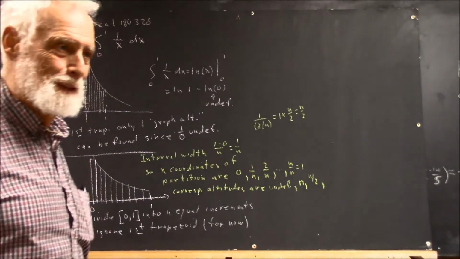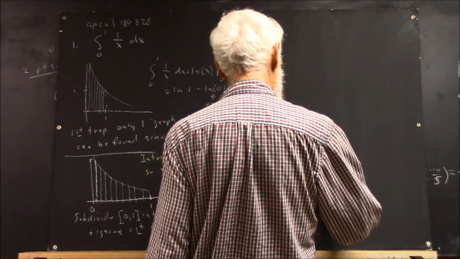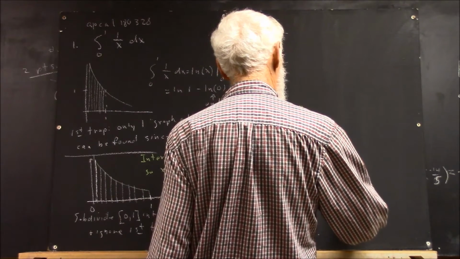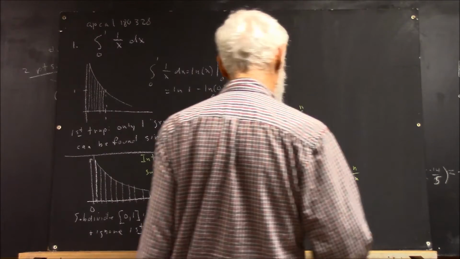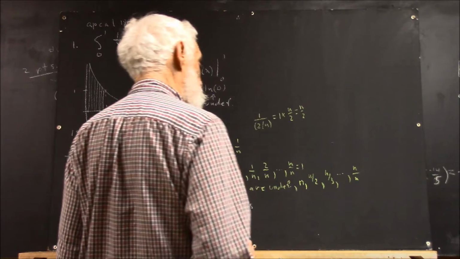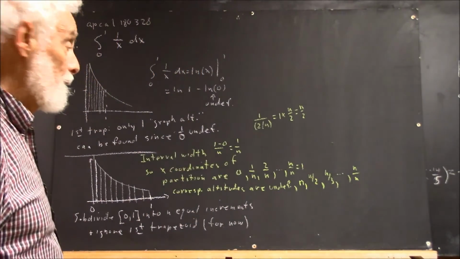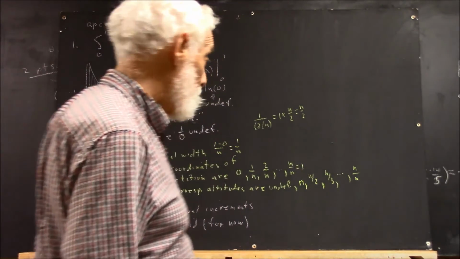Now take a stab. What's the third one going to be? Yeah, it'd be n over 3. And the last one would be n over n, because the reciprocal of n over n is n over n.